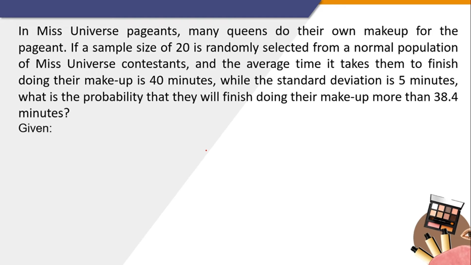So first, let's identify the given. So we have a sample size equal to 20, and then we have the population mean, which is equal to 40 minutes. Next is the standard deviation, 5 minutes, and ang ating sample mean is 38.4. Next, we're going to convert it into z-score.